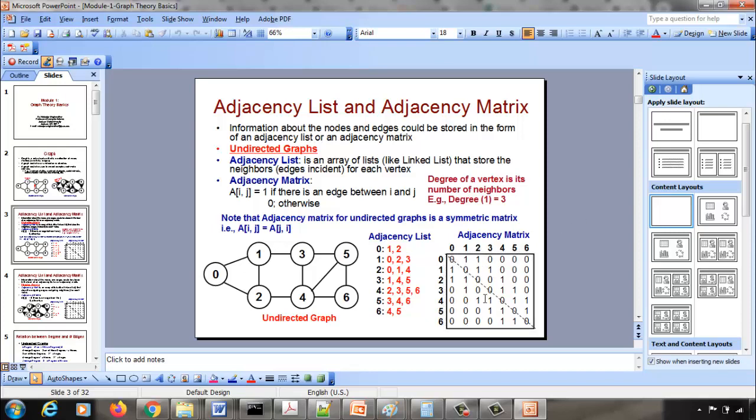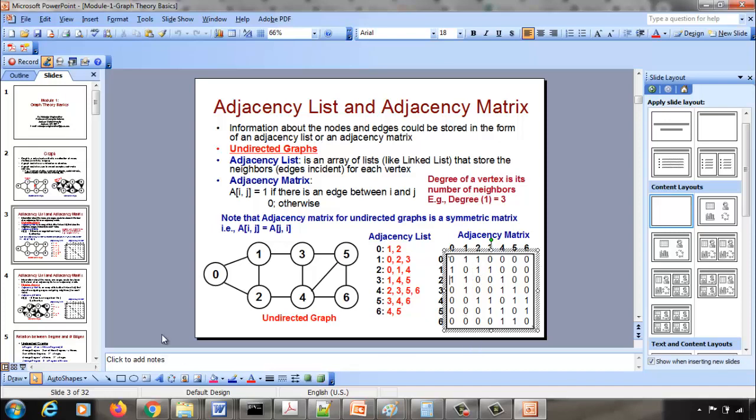So in this sense, the adjacency matrix for an undirected graph is called a symmetric matrix. And the diagonals, you notice, are always zeros, because unless there is what is called a self loop from a node to itself, you have a 0 on the diagonal. It's called a symmetric matrix in the sense that if you keep a mirror, it will be like a reflection. So the row 1, 1, 1, 0, 0, 0 is the same as the corresponding column, and so on.